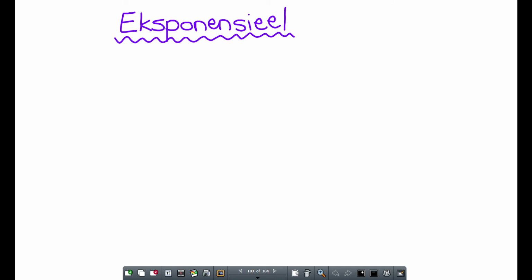Nee, as daai A waarde, if that value is between 0 and 1, then your graph will flip. So it's going to look like that, and it will be a decreasing function. Dan is dit 'n dalende funksie. Okay, so daar is die twee main goed wat jy moet onthou van 'n eksponensiële grafiek.